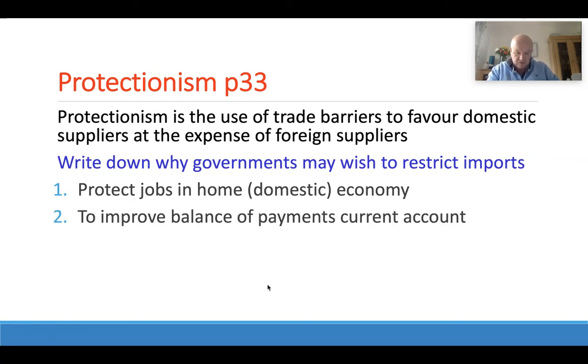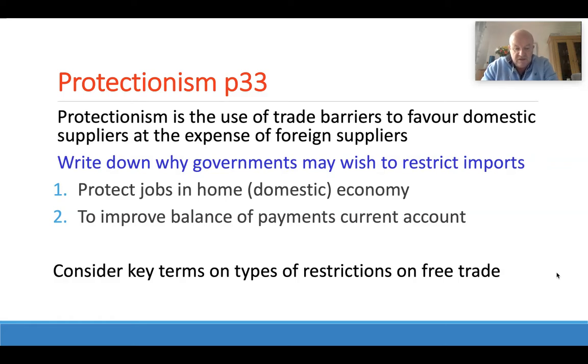Another reason could be to improve the balance of payments current account. Remember, that is the difference between exports and imports. And if we're in a situation on the current account where we are importing much too much and not exporting enough, well, we might choose to restrict imports by using trade barriers, in this case, some forms of protectionism.